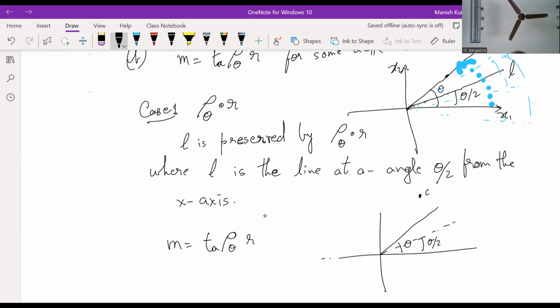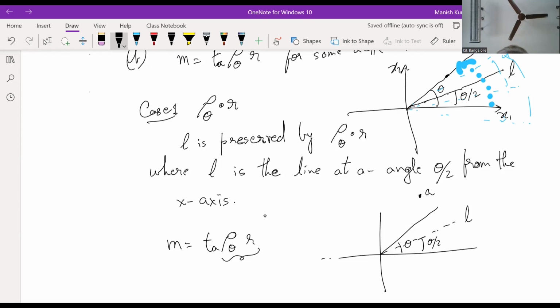So what happens? These two terms, rho theta composed with R, what will it do? It will make sure that the reflection happens along L. And then you are doing translation by A. So we can change our coordinates.